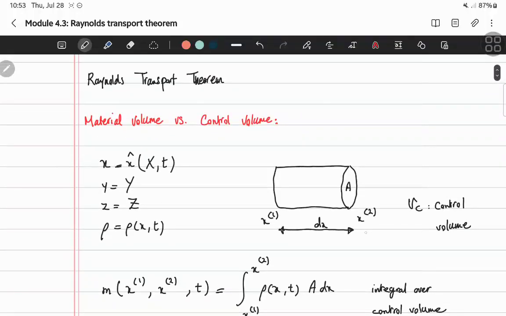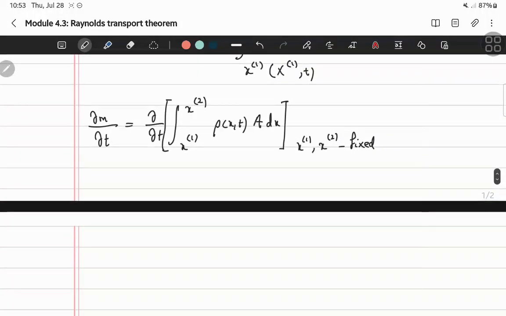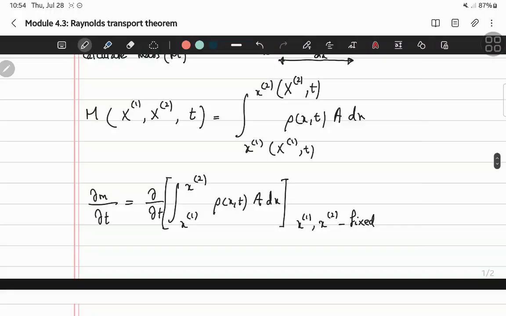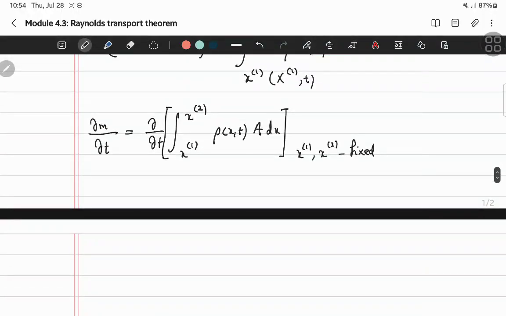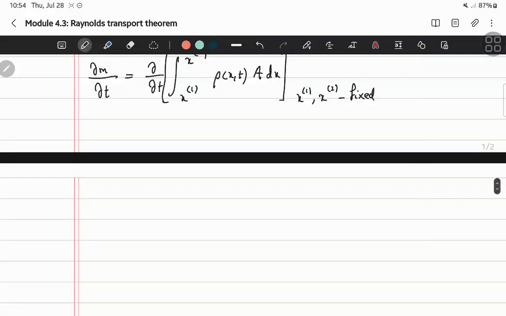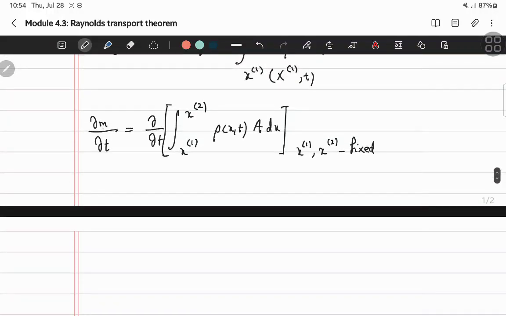We know that these are fixed in the space. So now, let me just write this in here also, that this is the rate of increase of m inside the fixed control volume.